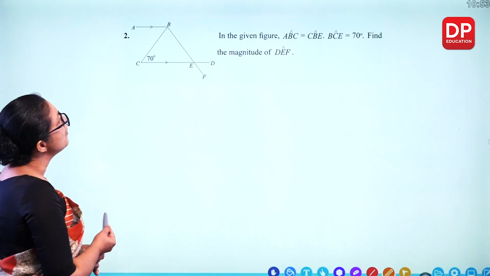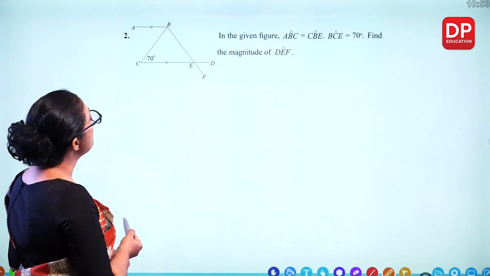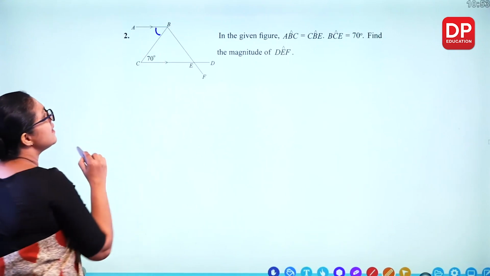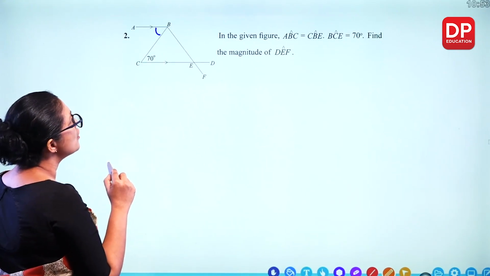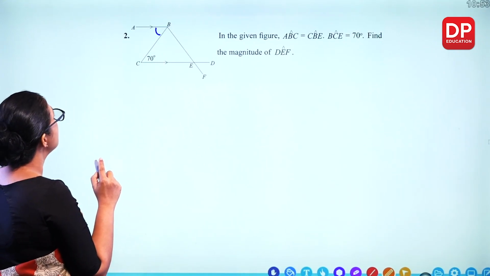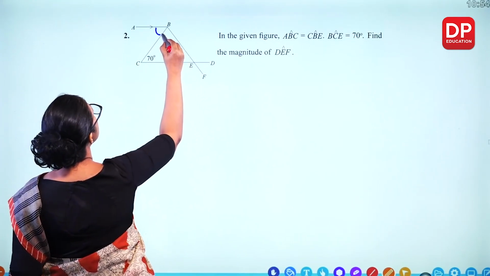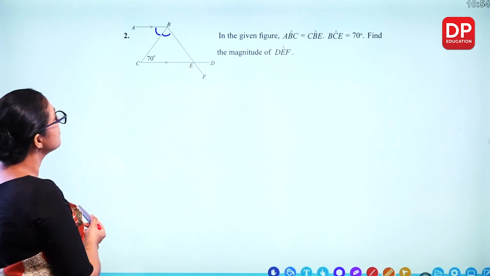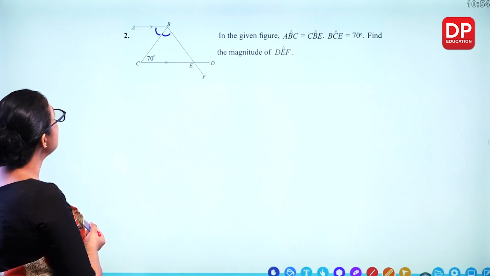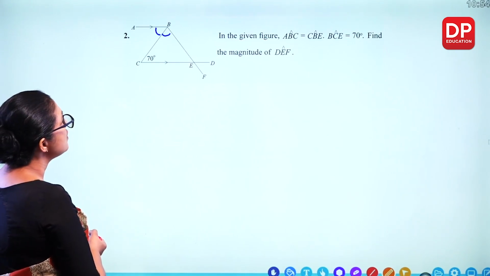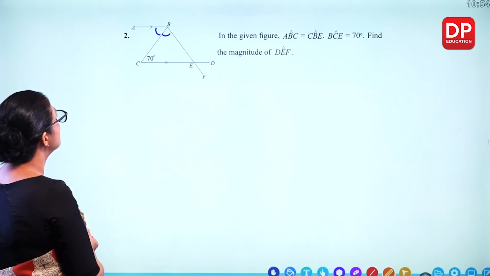Question number 2. In the given figure ABC, this angle is equal to CBE, this angle. BCE, this is 70. Find the magnitude of DEF.